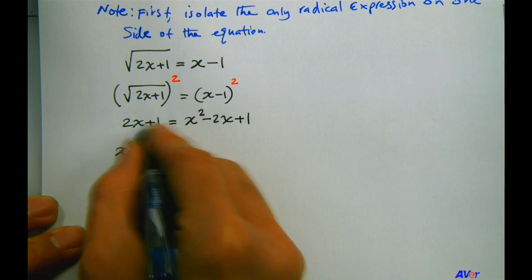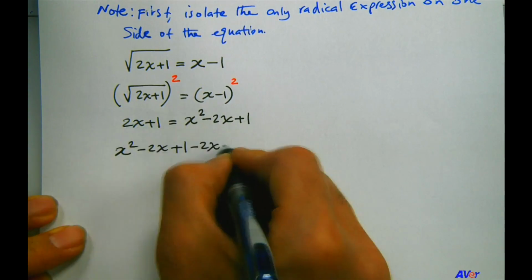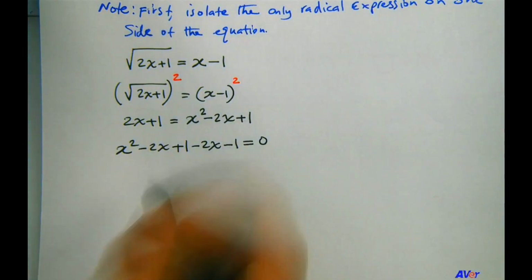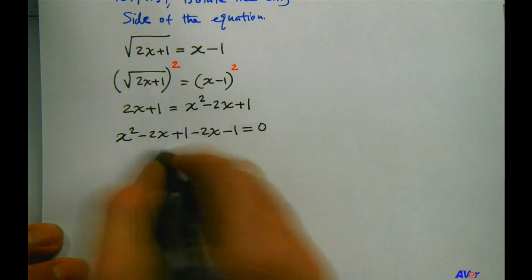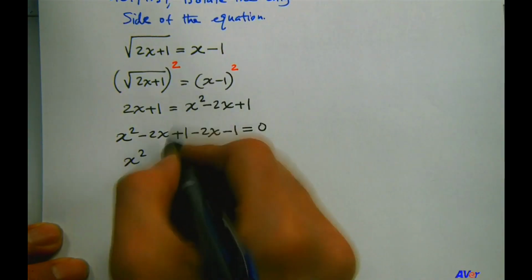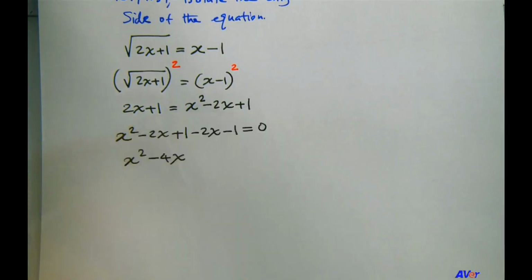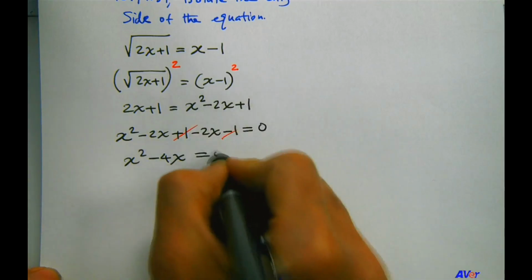Now I'm going to move this to the other side. 2x becomes minus 2x, plus 1 becomes minus 1, equals 0. Like I said, I have a habit of collecting everything on the left when I solve equations, the variable terms. Okay, so let's simplify this. We have x squared minus 4x, and positive 1 and negative 1 cancel out. We end up with that, right?